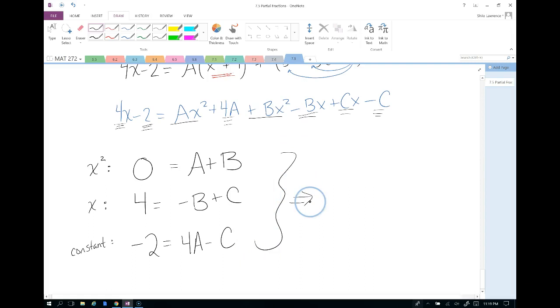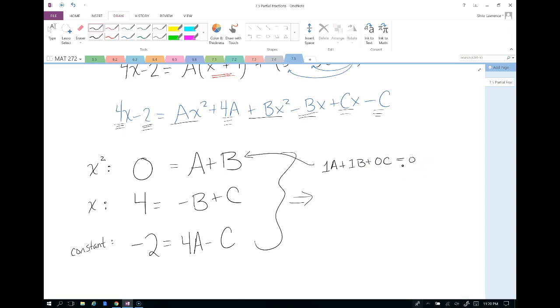So I'm going to rewrite this as 1a plus 1b plus 0c's equals 0. That's the same thing as what I have here in my first equation. There's 1a and 1b and no c's, and I had it equal to 0. And I'm going to do that for all my equations.